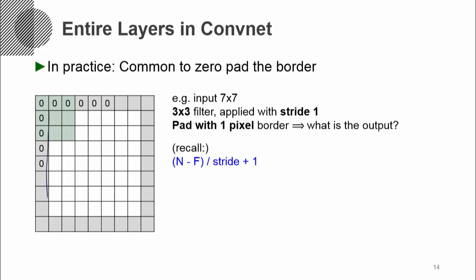So suppose this one is the original input image, and it has 1, 2, 3, 4, 5, 6, 7 and 1, 2, 3, 4, 5, 6, 7. So originally it has the width and height of 7 by 7. And suppose our filter size was 3 by 3.